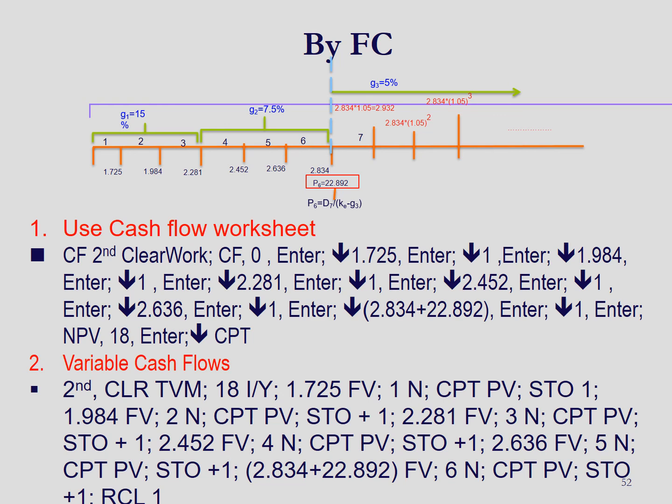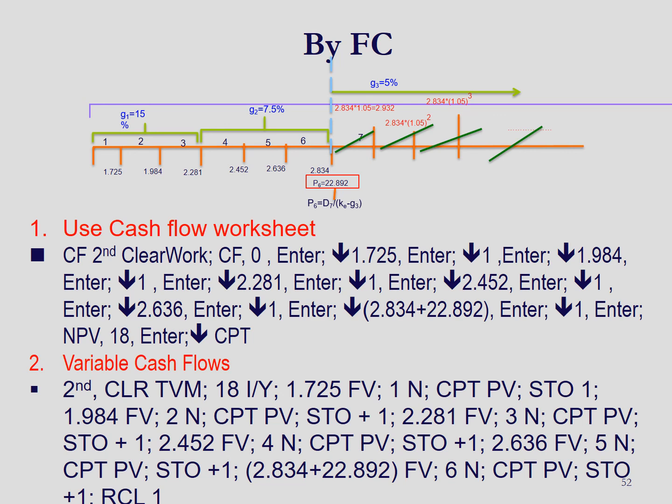Once we obtain the price at the end of year 6, we can ignore all the expected future dividends starting from year 7 because we have summarized all the expected future cash flows into one equivalent value, P6. Therefore, we can safely cut off the cash flow timeline starting from year 7 after the end of year 6.